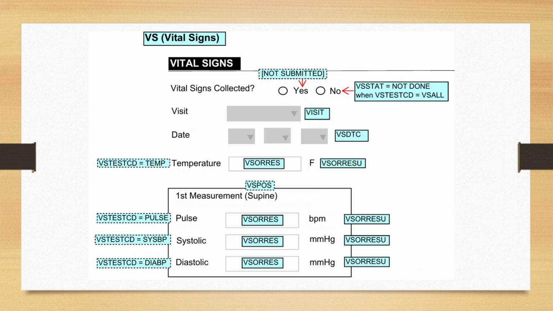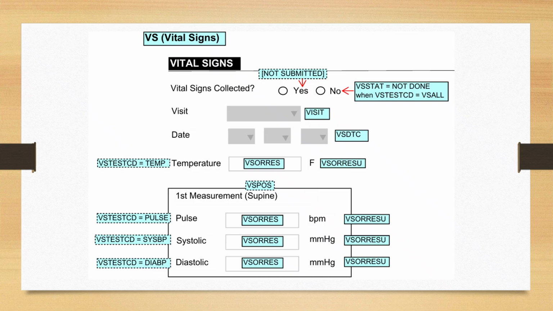Similarly, you can see that for the pulse and the systolic and diastolic blood pressure, we have another piece of information apart from the measurement being populated, which is the position, which is that the first measurement is done in the supine position.